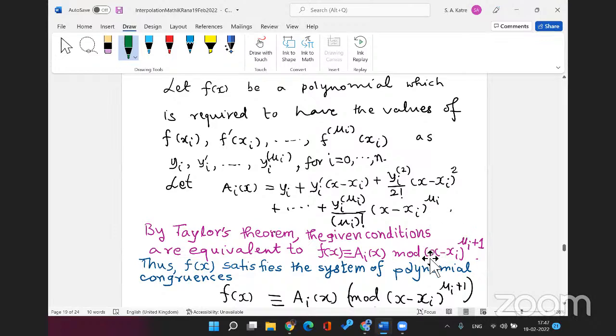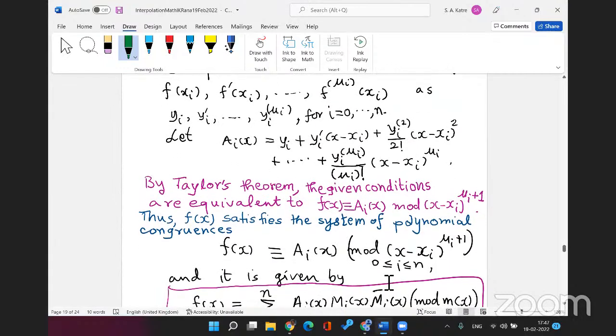What remains is powers of x minus x_i from mu_i plus 1 onwards. Therefore, I can say that f(x) is congruent to a_i(x) modulo (x minus x_i) raised to mu_i plus 1, because other terms are divisible by (x minus x_i) raised to mu_i plus 1. Here Taylor's theorem is useful for polynomials.